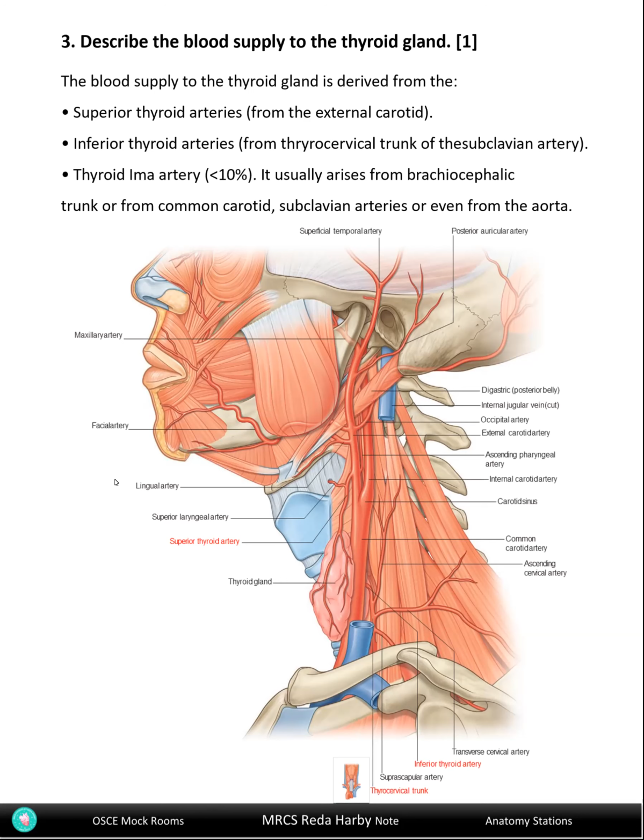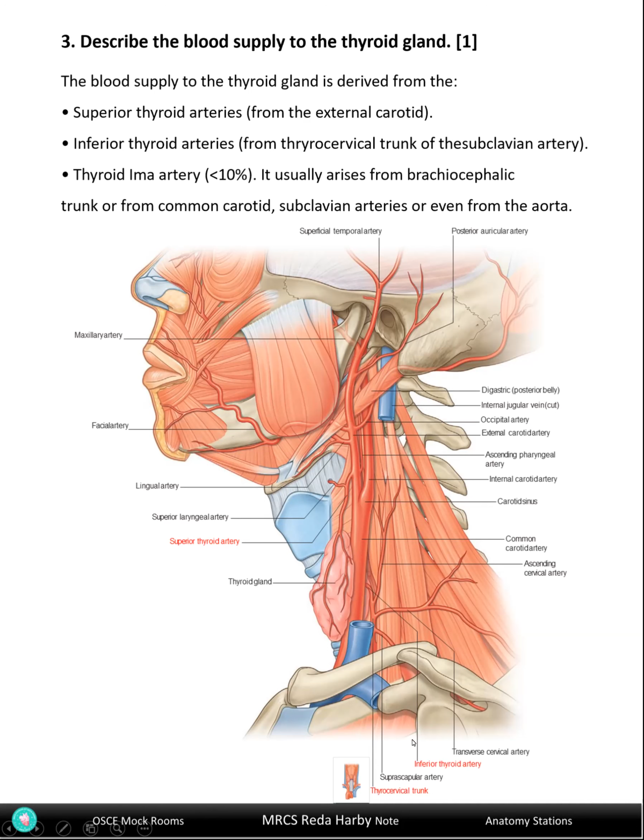And the thyroid ima artery is present in 10% of the population, and it is mainly from the brachiocephalic trunk or from the common carotid, subclavian, or even from the aorta itself. So as you see here, this is the superior thyroid artery coming from the external carotid artery. And here is the thyrocervical trunk giving the inferior thyroid artery.